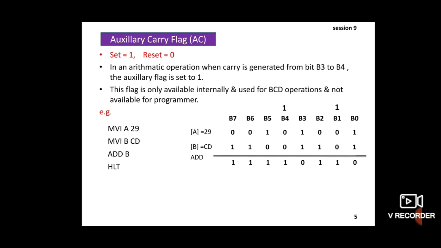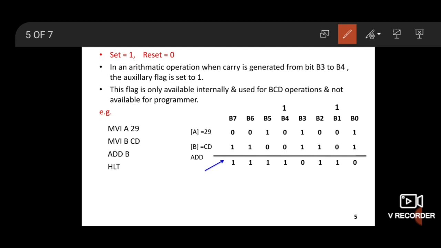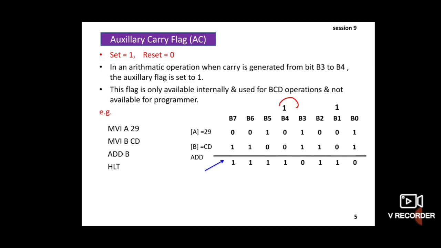Now student, see here: the carry from B3 is transferred to B4. So what is the meaning of the auxiliary carry flag? In an arithmetic operation, when a carry is generated from bit B3 to B4, the auxiliary carry flag is set. So in this example, is the auxiliary carry flag set or reset? Set, because bit B3 is transferred to bit B4.